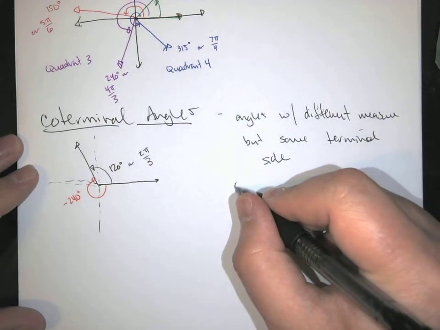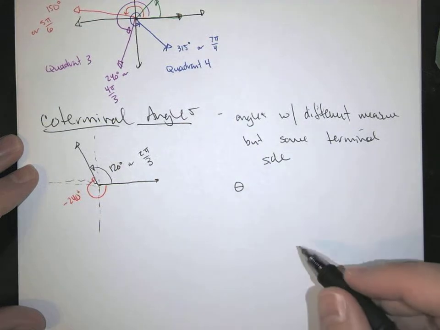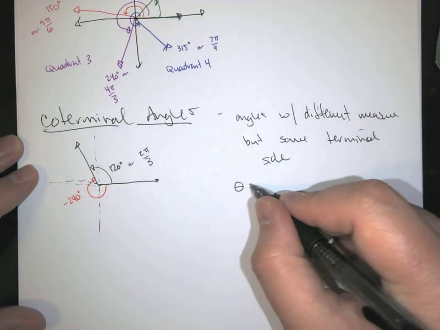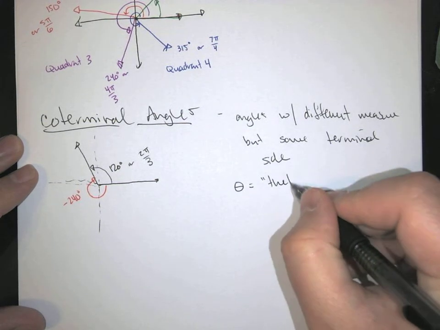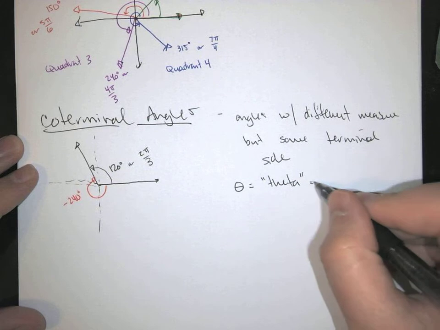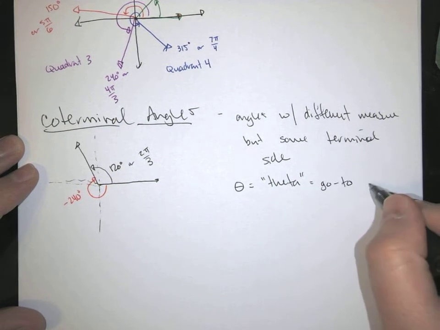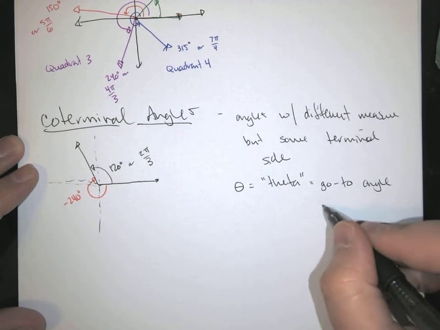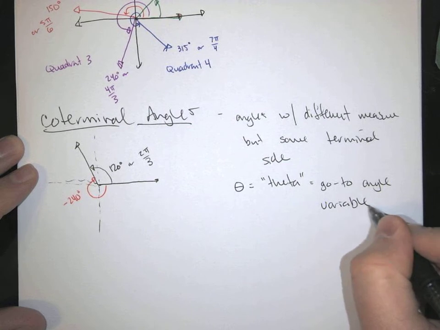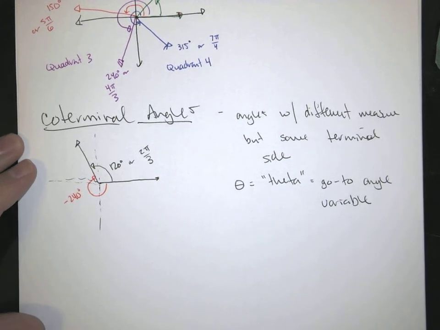So this is going to mean that our angle, oh, by the way, this is theta. That's going to be our go-to angle variable. We hadn't used that yet in the videos.